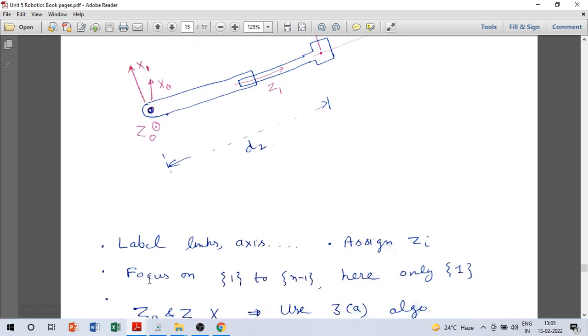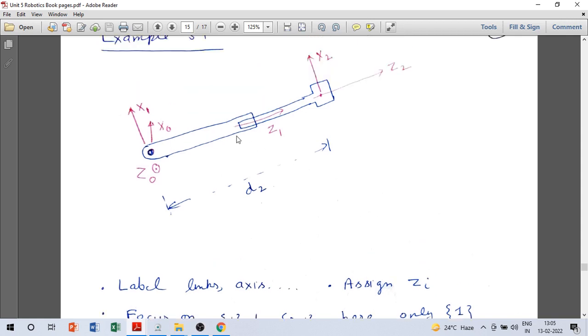Now after that we have to focus on frames 1 to n minus 1, which are intermediate frames. We do the assignment for frame 0 and frame n in the end. Here there are only 3 frames, so there is only one intermediate frame, frame 1. For frame 1, let us see what the situation is. This is our link 1.